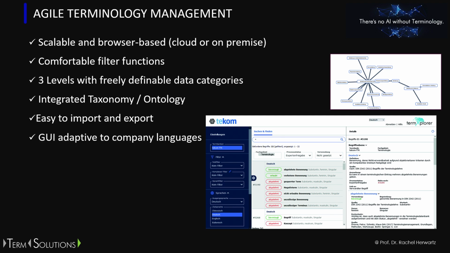Additionally, the GUI adapts to the company's languages. If you need only 3 user interface languages, we show only these 3 languages, but you can easily add more. For example, we have added Korean for one customer and Czech for another customer. Since terminology discussions naturally occur in the user's native language, customizing the platform's language support is essential.